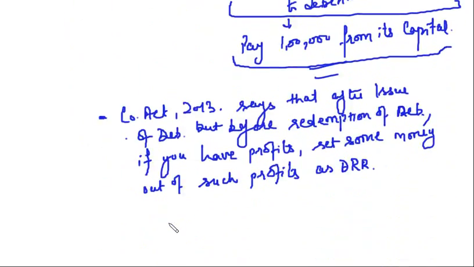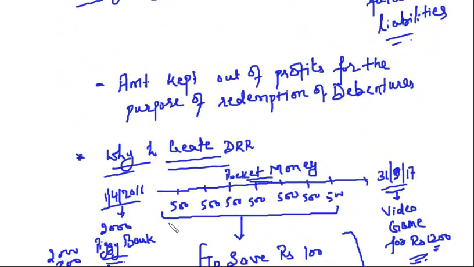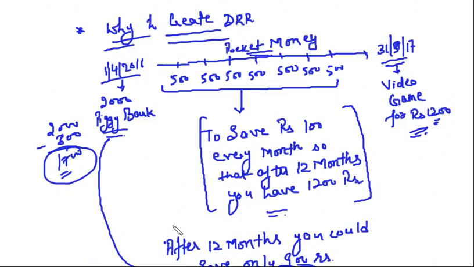Right? So this is the concept of why we are creating DRR: to avoid making payment out of capital. It is never a good sign for any business to make such payments out of its capital, because capital is the very basis of working of the company.